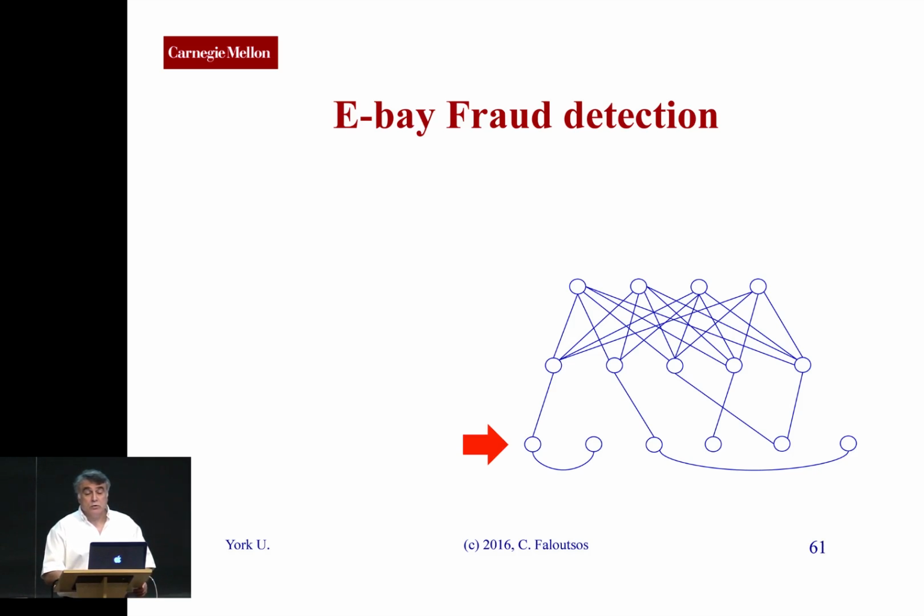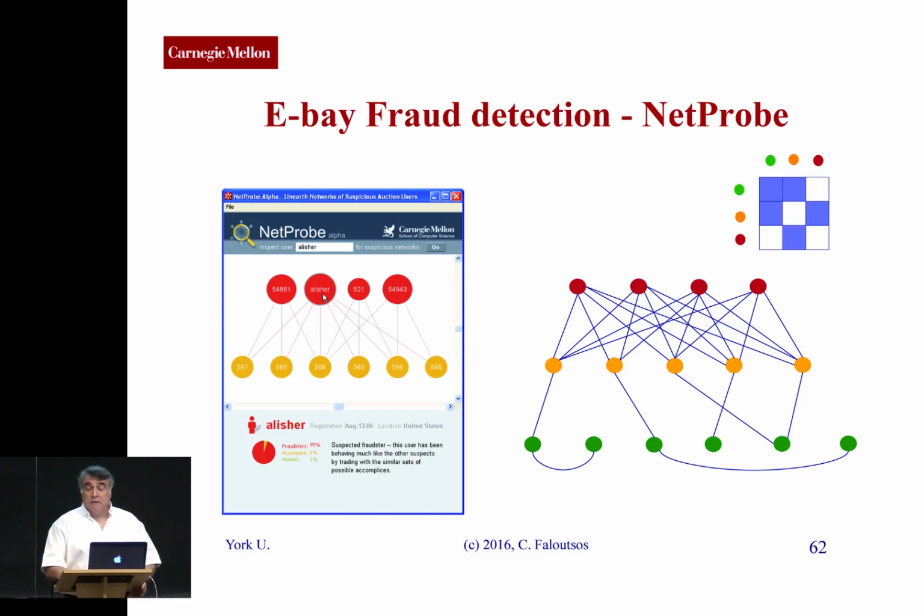If we look 2 steps away, we see that this person participates in a bipartite core. By now, we should start being suspicious of bipartite cores. And actually, what is happening is that, in a brilliant observation by Duen Horng back then, fraudsters create bipartite cores in order to set up the following amazingly clever scheme. There are the bad guys.